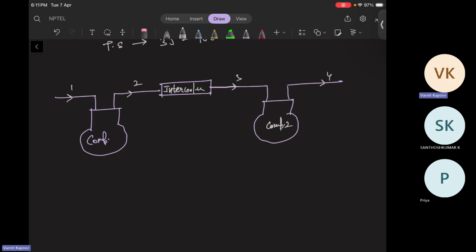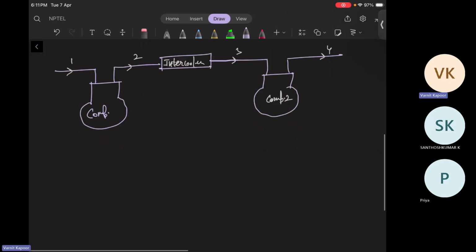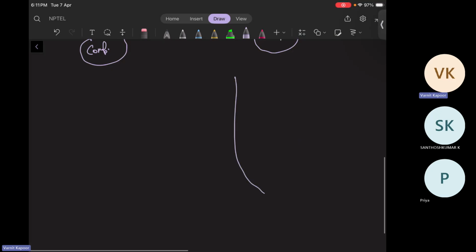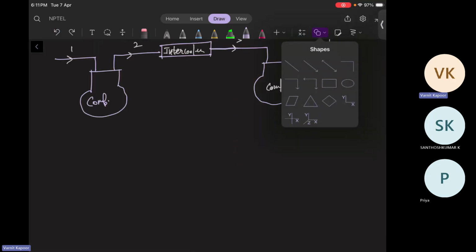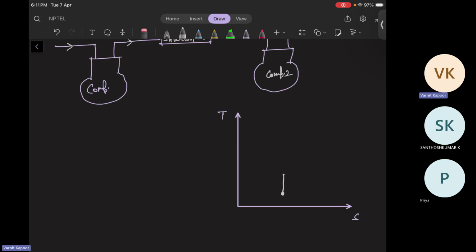So how will the graph look? We have already seen it in the turbine case. If I plot temperature versus entropy, first from 1 to 2 the pressure increases, the same as the intercooling in the turbine.